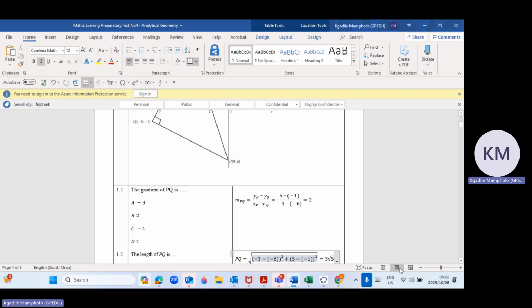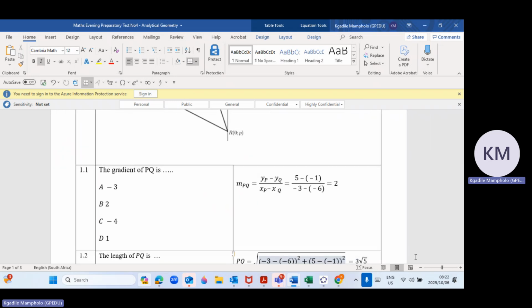Let me make it bigger. The gradient of PQ is change in y over change in x. Then you substitute the values from the diagram. You'll see that the coordinates were given. Then you substitute, and you'll find the gradient as 2.